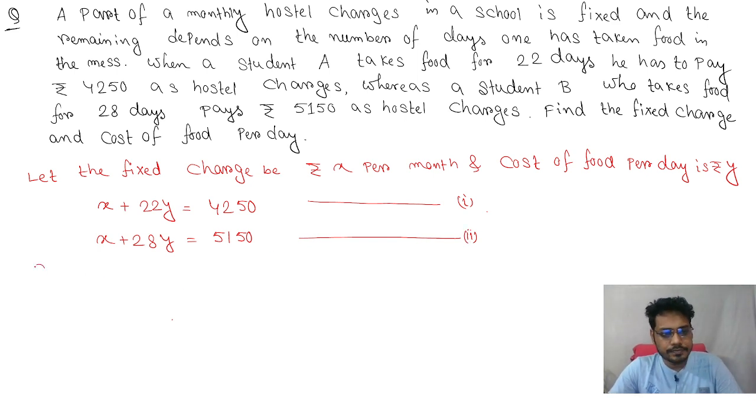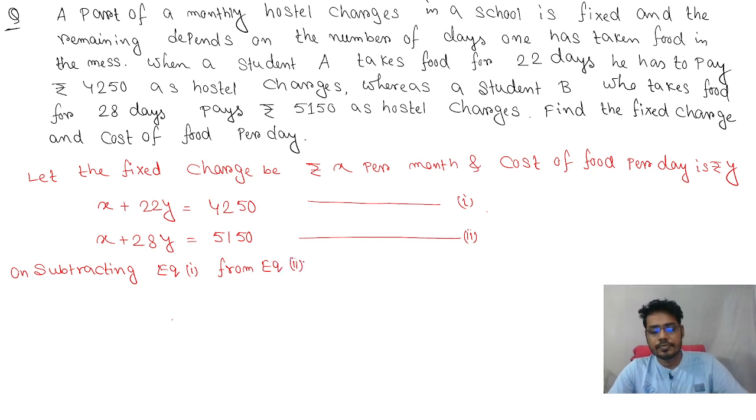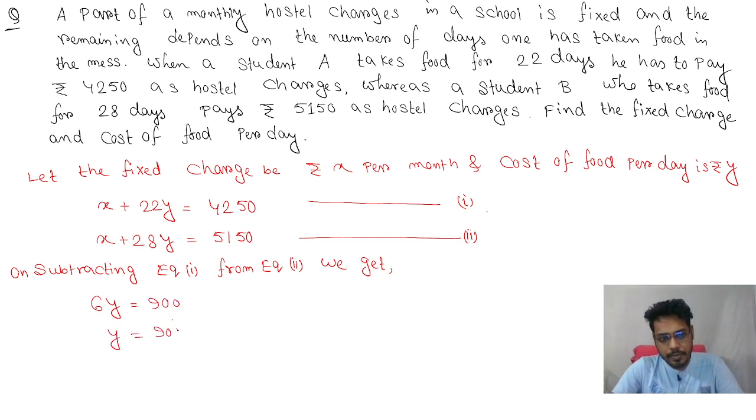Now, on subtracting equation number 1 from equation number 2, we get 6Y equals 900, so Y equals 900 by 6, which is 150. The value of Y is 150.